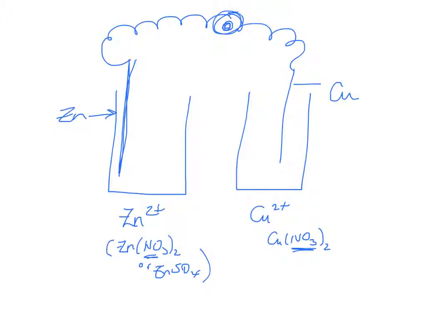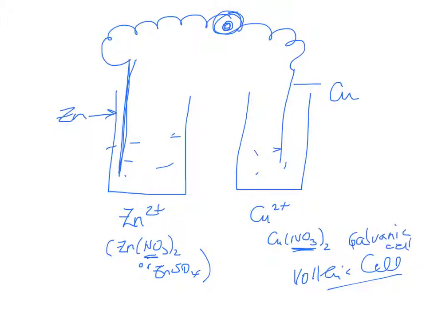Now, that's what we have. As we run this setup, by the way, it is what is called a voltaic cell, or sometimes also a galvanic cell. I'm going to go through every single little detail about this. The generation of electricity through the redox reaction would be called this.